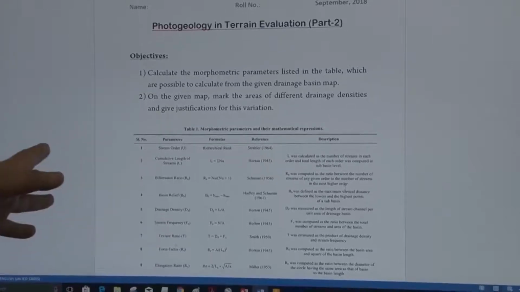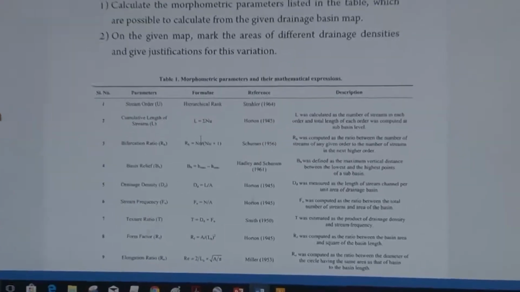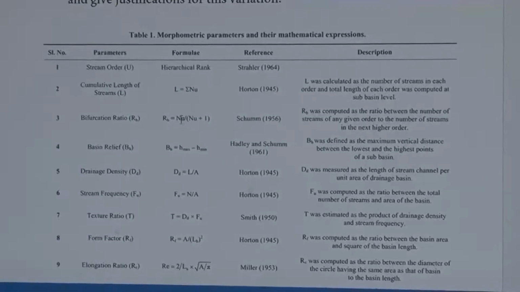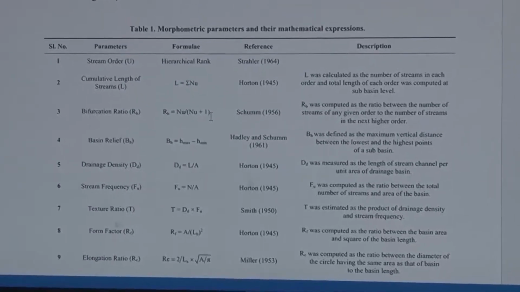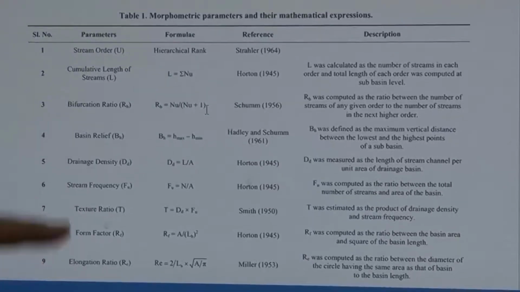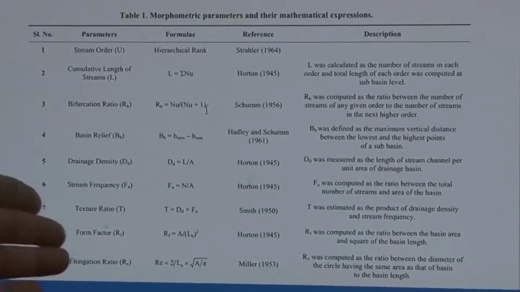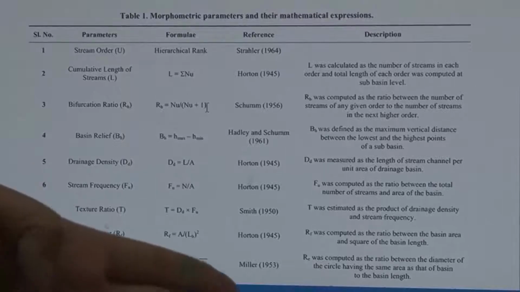So suppose Nu is the number of streams in the first order, then Nu plus 1 is the number of streams in the second order. Similarly for the second and third order, then third and fourth.